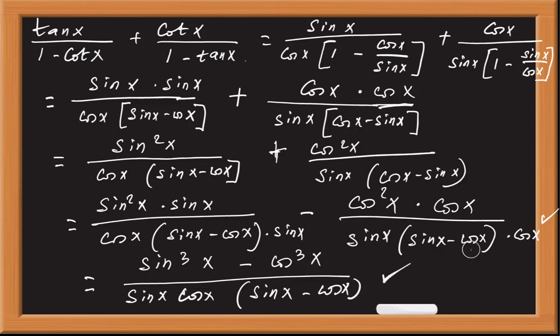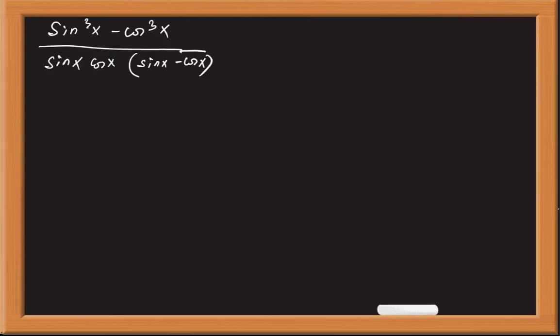Now we are going to develop this. You can see the numerator is an identity. We get sine cubed x minus cosine cubed x on the numerator. Let's develop that. It is the form a cubed minus b cubed, which is a minus b times a squared plus ab plus b squared.